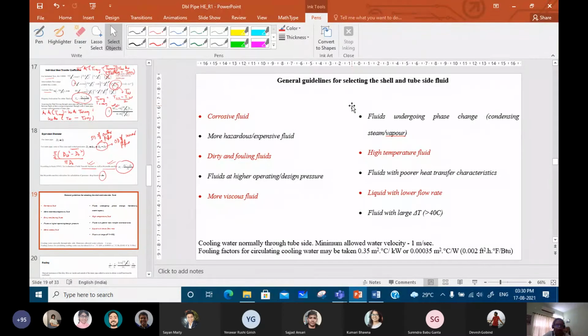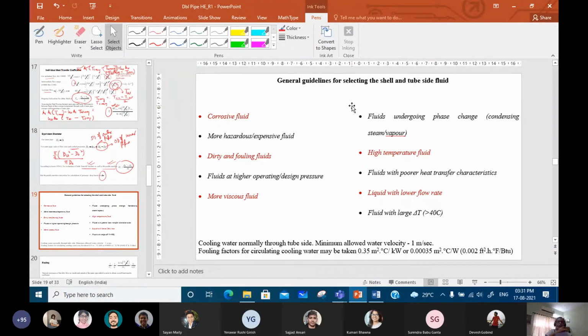So for deciding this, I leave it to you. I would request feedback from you, considering which type of fluid should be placed in the tube side or the shell side, the outer fluid. Now, one thing I would like to mention: these general guidelines are true both for double pipe as well as for shell and tube exchangers. When you go for the shell and tube exchanger, you will be using the same sort of guidelines.